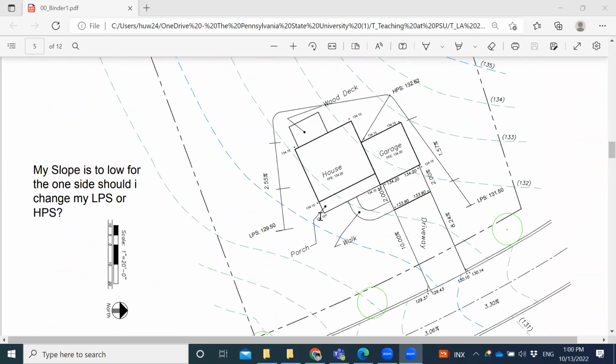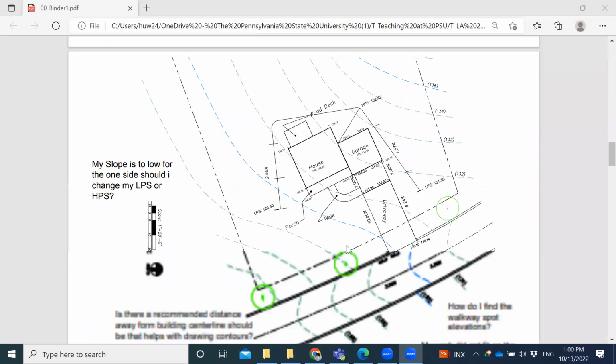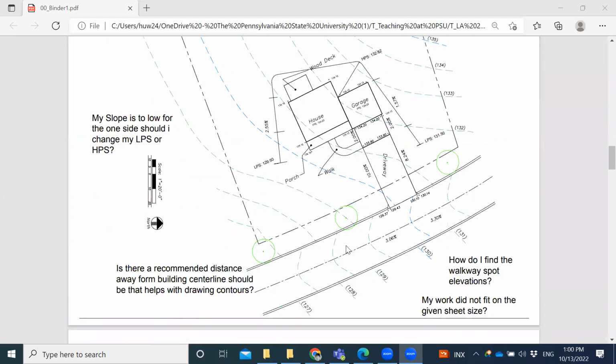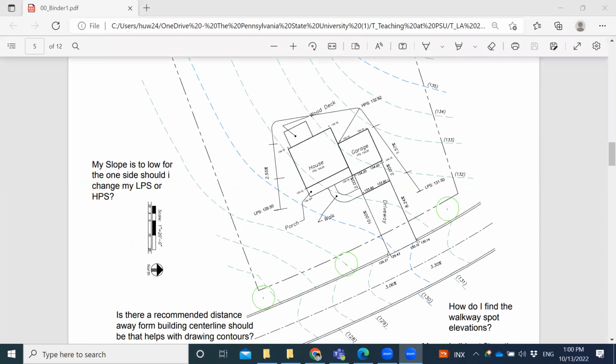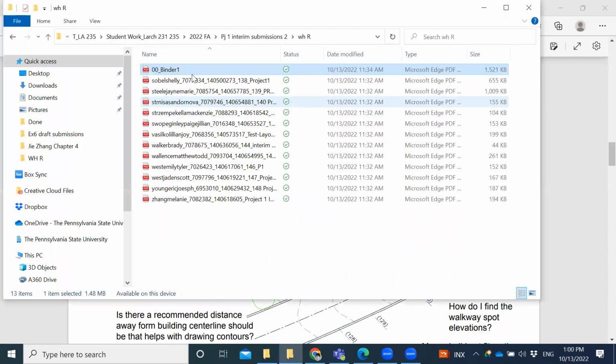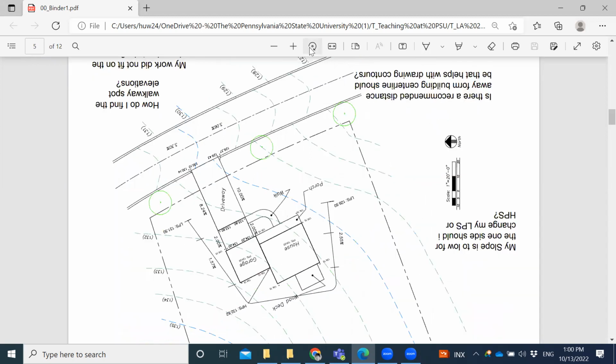Next, this seems to be a different orientation. For the final submission, this one needs to be turned counterclockwise 90 degrees. So I think this is Paige. Let's see, rotate it.